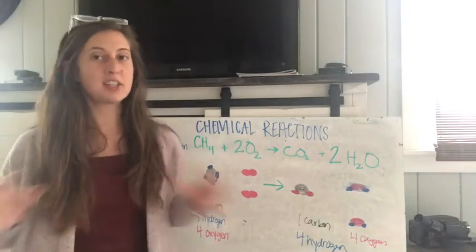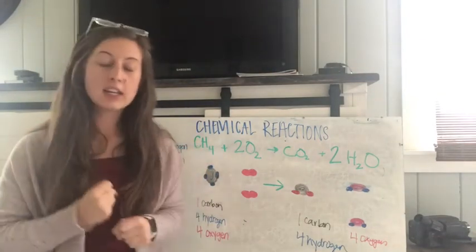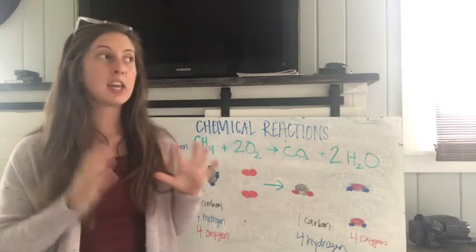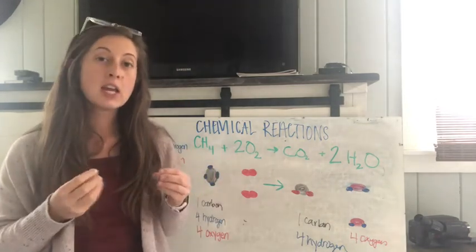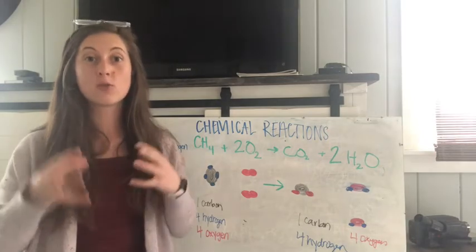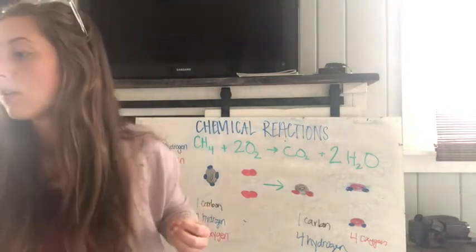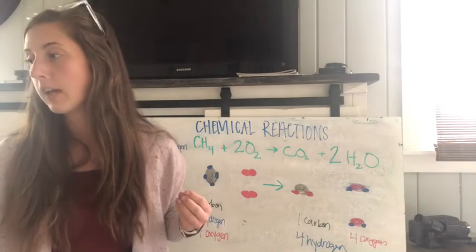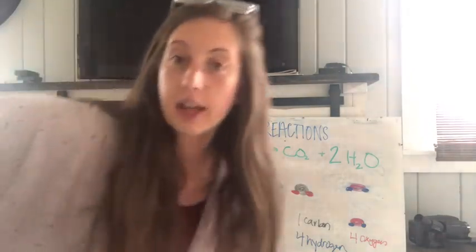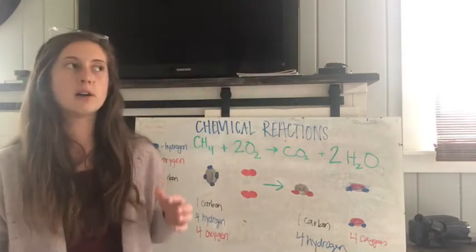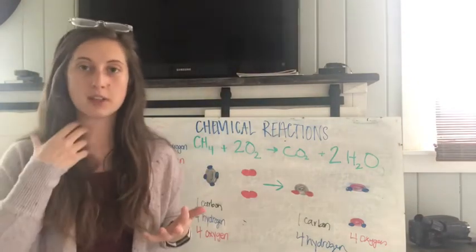Now, I'm gonna tie this all together. In chemical reactions, we're not gaining or losing any atoms. What's happening is that the atoms are being rearranged. If you look on slide 13 that you're gonna take today, what I'm about to say is basically the notes for today.